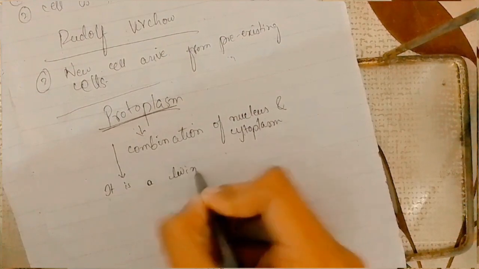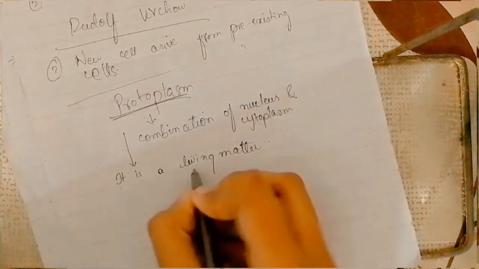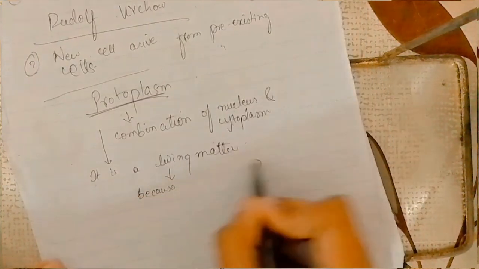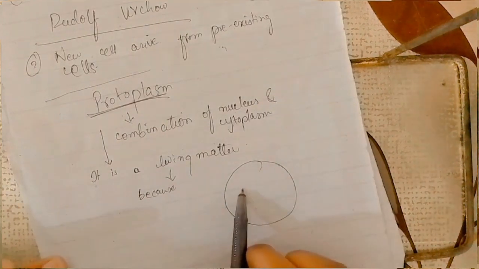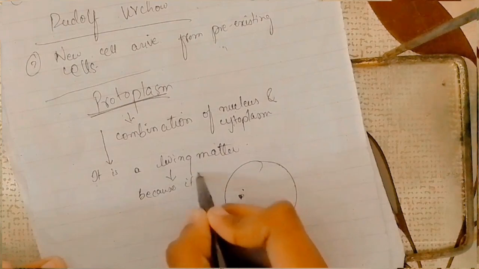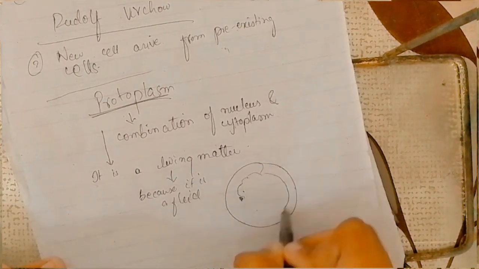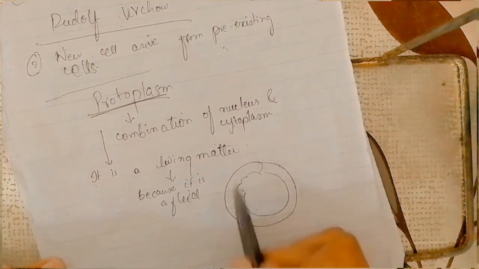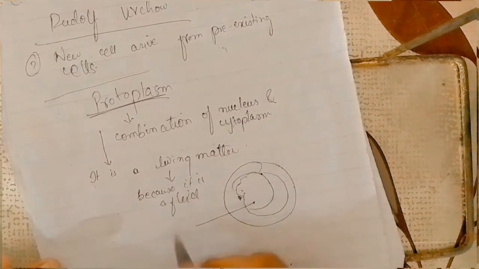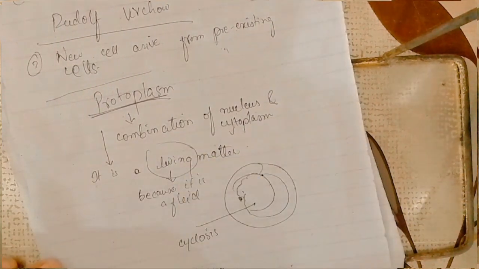It is living because it is a fluid, and the movement of that fluid in a circular form in the cytoplasm of the cell is known as cyclosis. That is why it is known as a living matter.